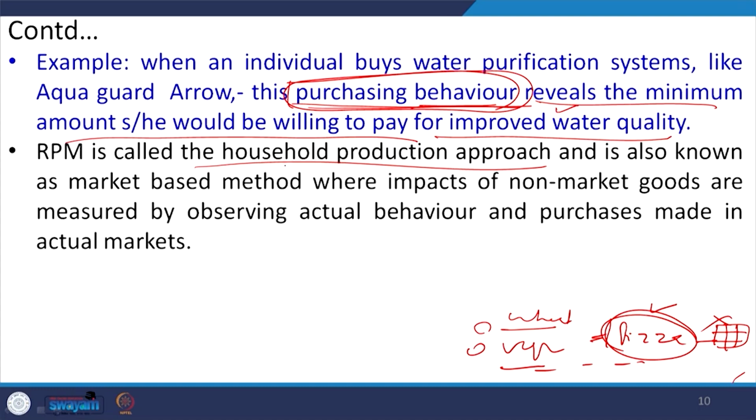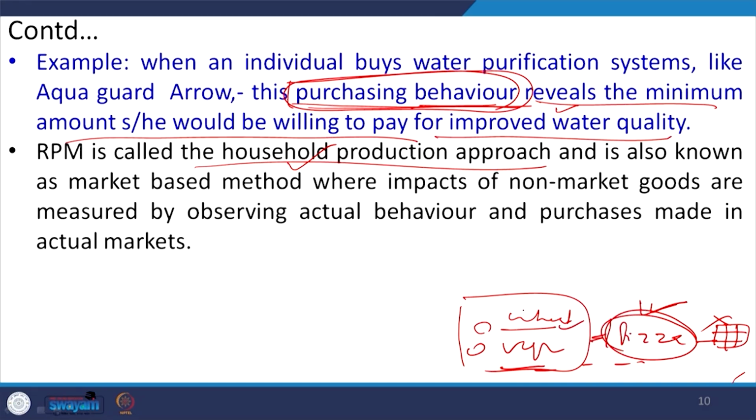So, what is the household production approach? It states that when you need pizza, you are not directly purchasing it. You are purchasing something else, that is, different raw materials.